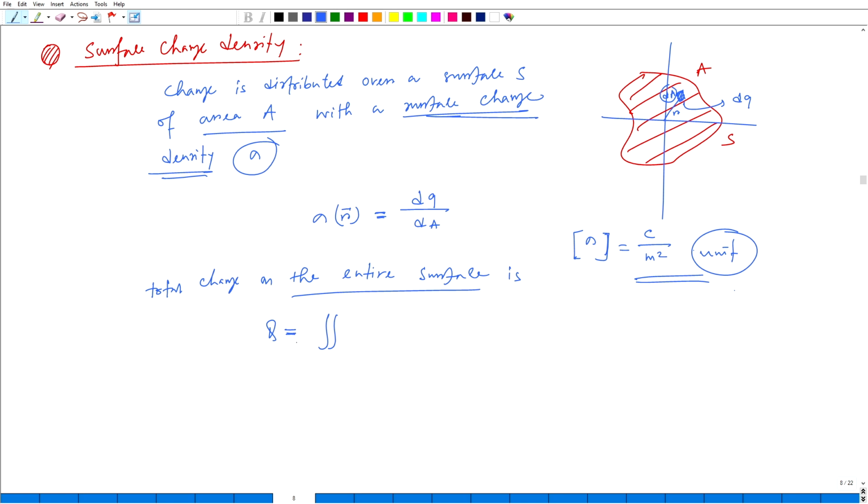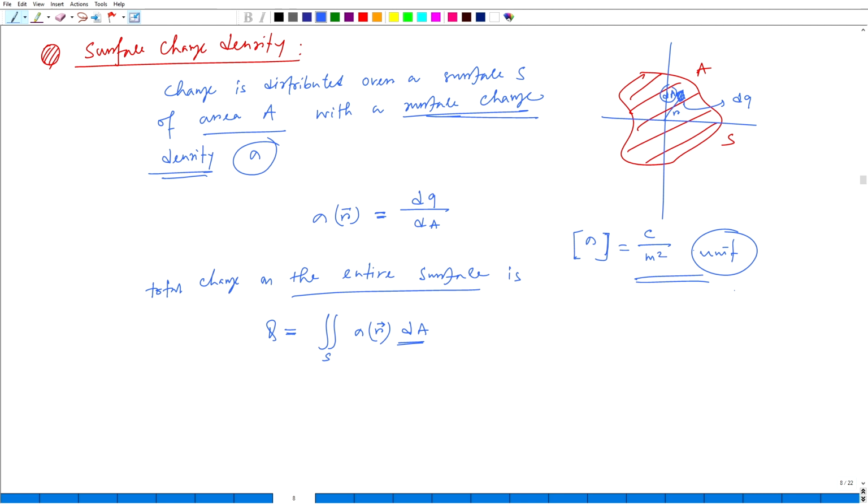So, double integral means the surface integral. There are two variables in the Cartesian coordinates, dx and dy. That is why the double integral represents the surface integral, with sigma as a function of the r vector times dA, the area of a small element.